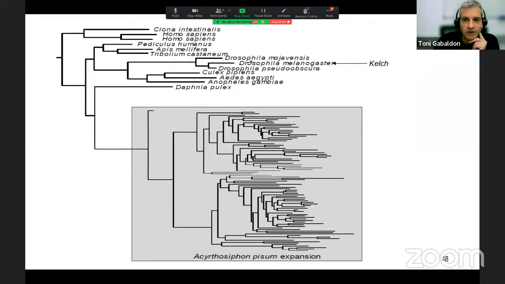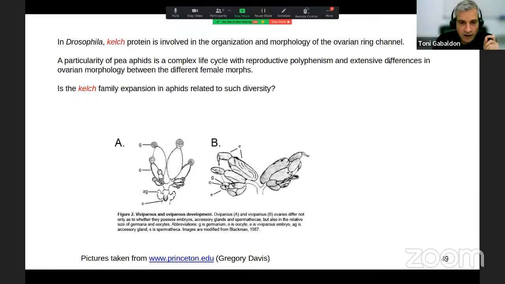And that protein was annotated in Drosophila melanogaster as the Kelch protein, which is annotated as being involved in ovary morphology. So what relationship could this have to pea aphids?